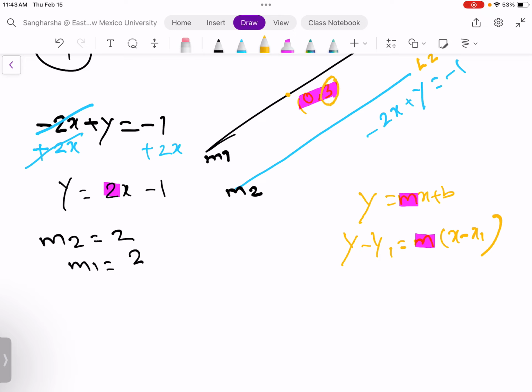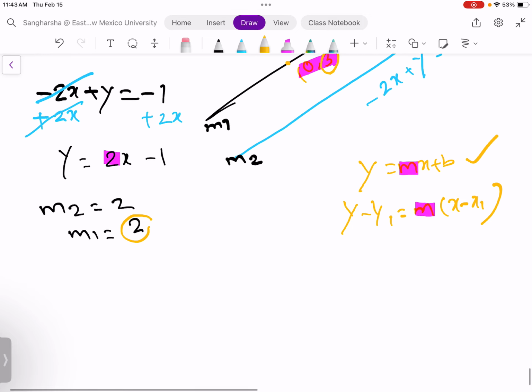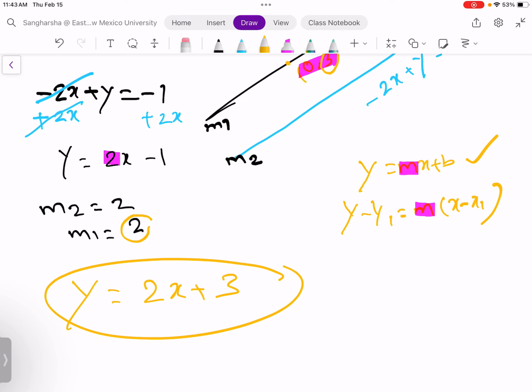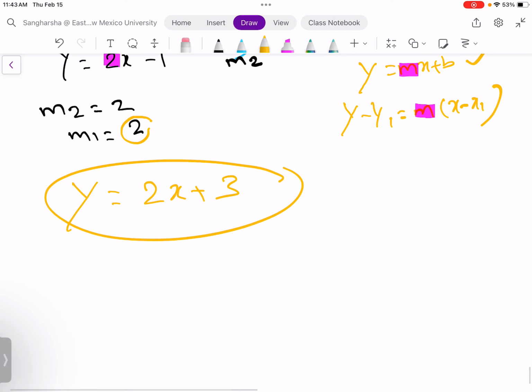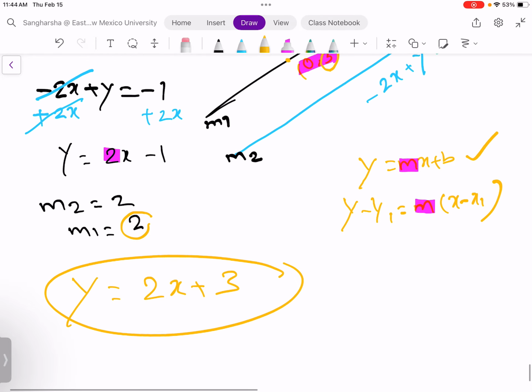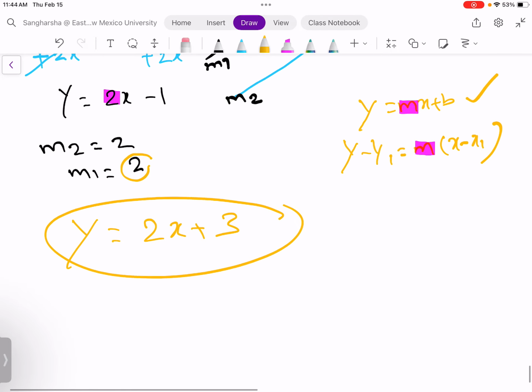So you can substitute into the slope-intercept form. Your equation is y equals 2x plus 3. And y equals 2x plus 3 is the equation of a line which is parallel to -2x plus y equals -1 and passing through the point (0, 3).